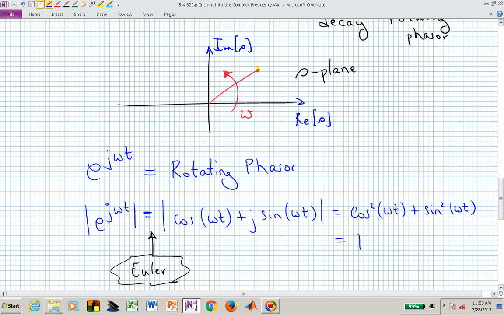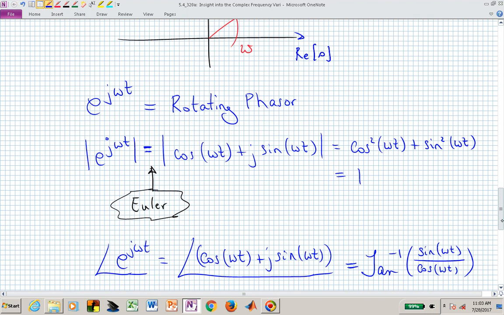And knowing what we know about trigonometry, when the arguments are the same and we have cosine squared plus sine squared, that actually gives us 1. That's why we can say that this is a rotating phasor. Its magnitude is not changing if we're just concerned with the e to the j omega t piece.